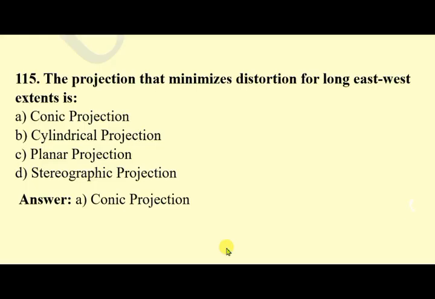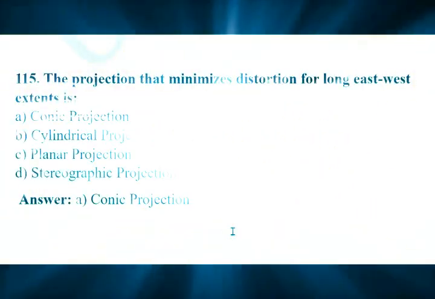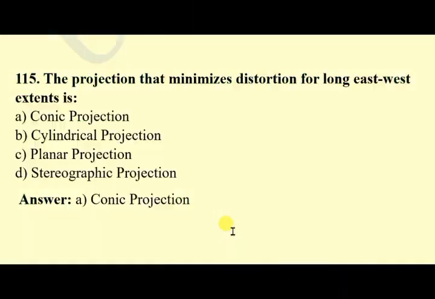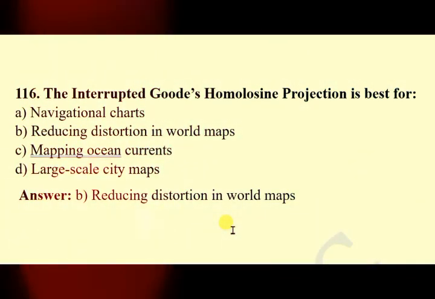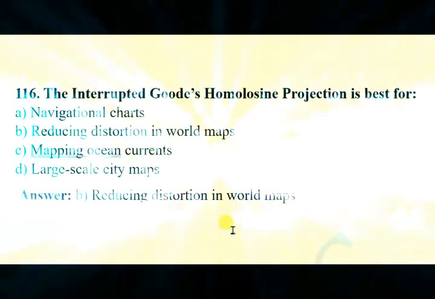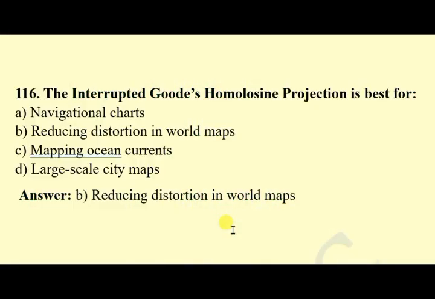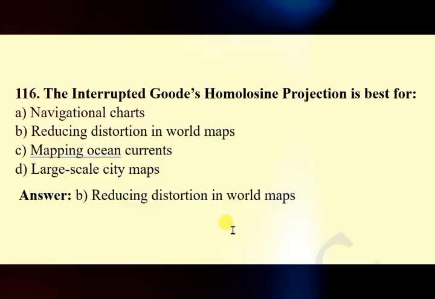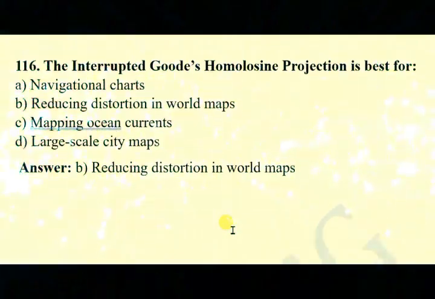Here the right answer will be conic projection, where the distortion is minimized for long east-west extents. Question number 116. The interrupted Goode homolosine projection is best for navigational charts, reducing distortion in world maps, mapping ocean currents, large-scale city maps. The right answer would be reducing distortion in world maps.